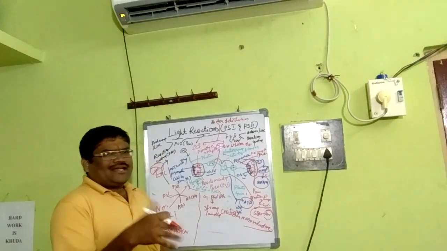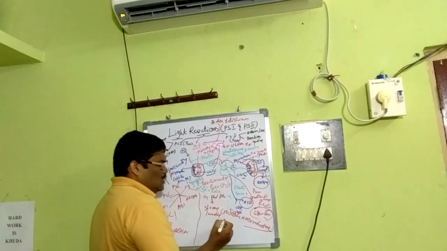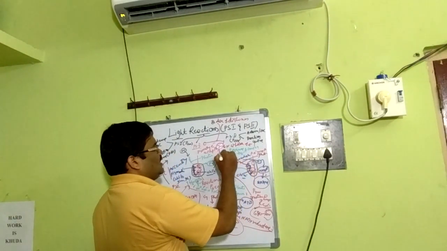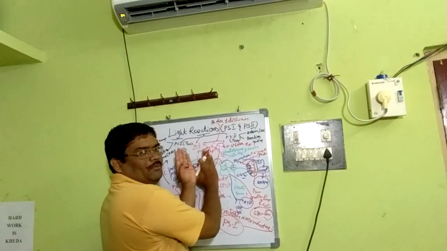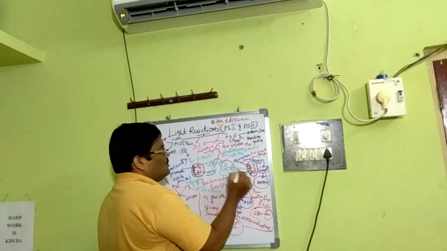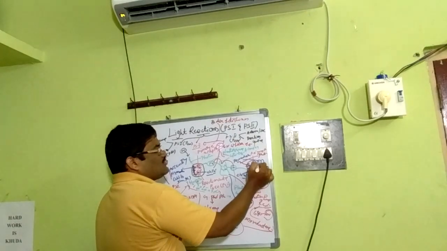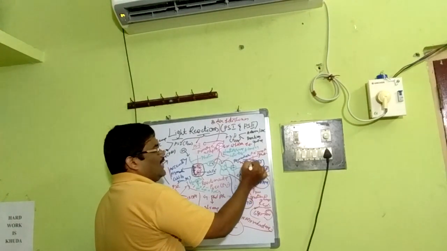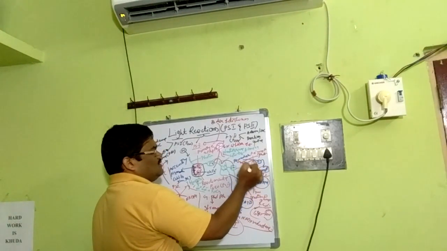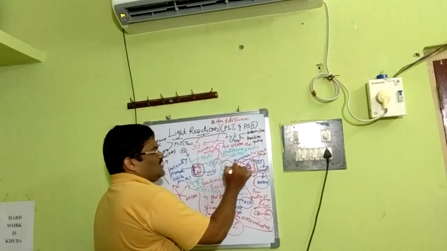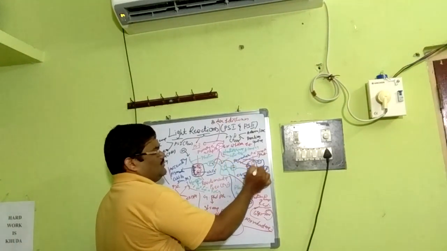What exactly is cyclic photophosphorylation? Only PS1 is involved here, no PS2. Say this is the reaction center. Instead of going to the ferredoxin, the electron comes back by means of the electron transport chain, that means the cytochrome b6f, then the plastocyanin, then again the reaction center.